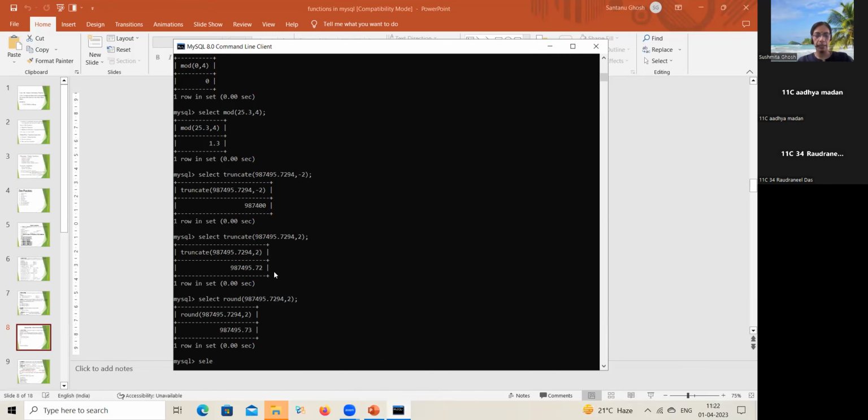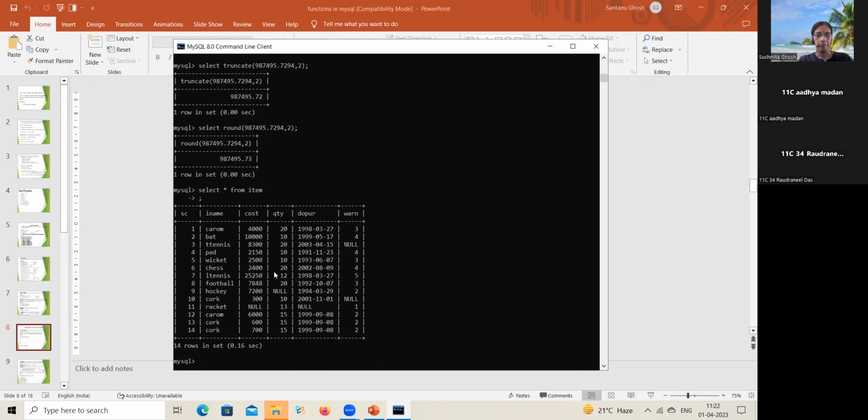So if I pick up a table also, and I take the data from there, so let's start from item. Okay, though there are no spaces as such. But otherwise, if I apply the length function, length on iname from item.